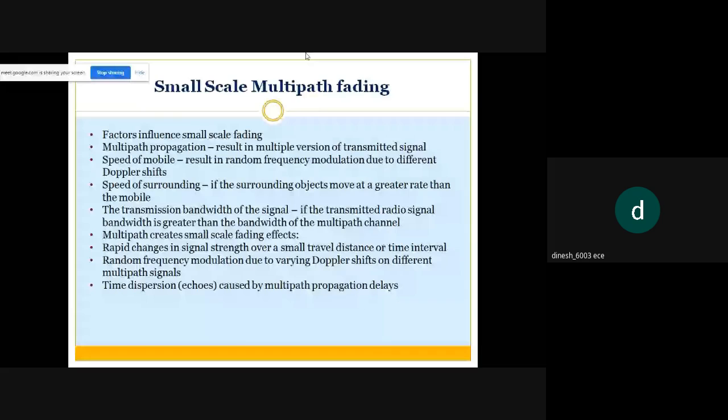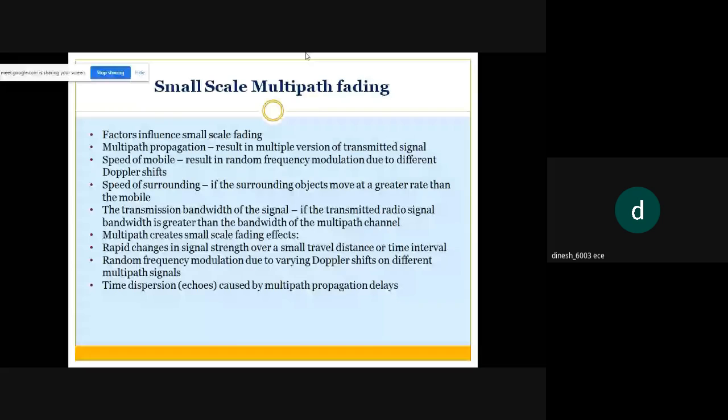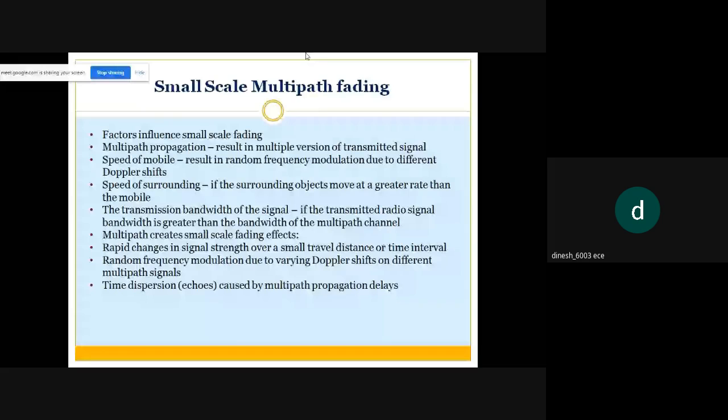That means there will be more fluctuation of the transmitted signal over the channel. Then random frequency modulation due to varying Doppler shifts on different multipath signals. Due to multipath signals, frequency will modulate at a higher rate. Then time dispersion caused by multipath propagation delays.